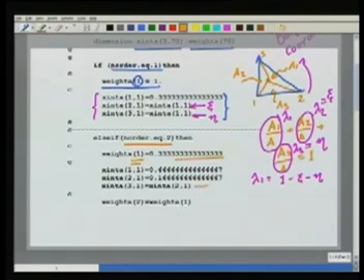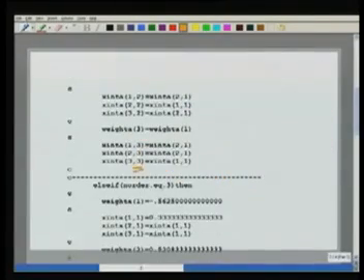Similarly, the coordinates are given like this. The coordinates of the first point are psi equal to 1/6, eta equal to 1/6, and the other 2 points are inherited in this way.